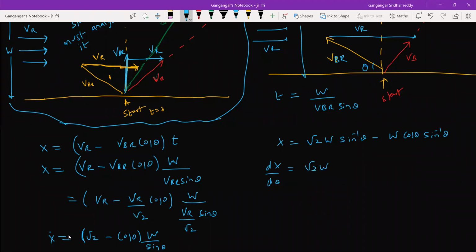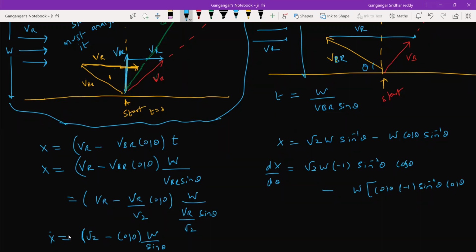Root 2 W. So this will be minus 1. Minus of minus 1 will be minus 2. Derivative of sine theta will be cos theta. Minus of W, the bracket term. First cos theta. This will be minus 1, sine to the power minus 2 theta.